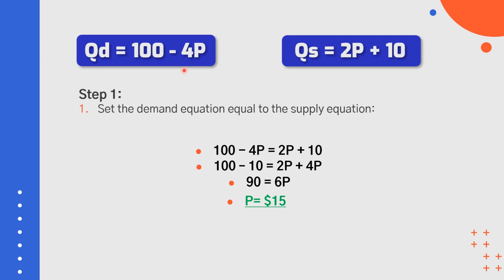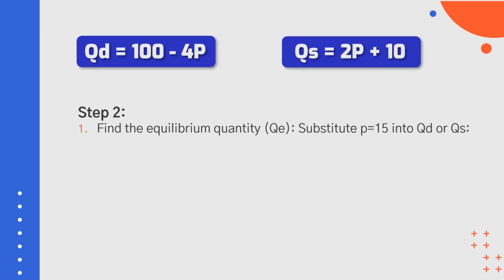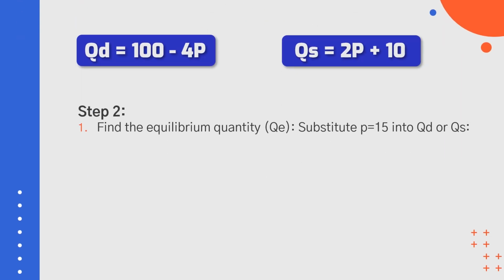Fantastic. We have found the equilibrium price. It's going to be something we would utilize in order to determine the equilibrium quantity. And remember, in order to answer the second question, we should be treating the equilibrium price as the initial price. And now we should find the equilibrium quantity. It's a very easy task.